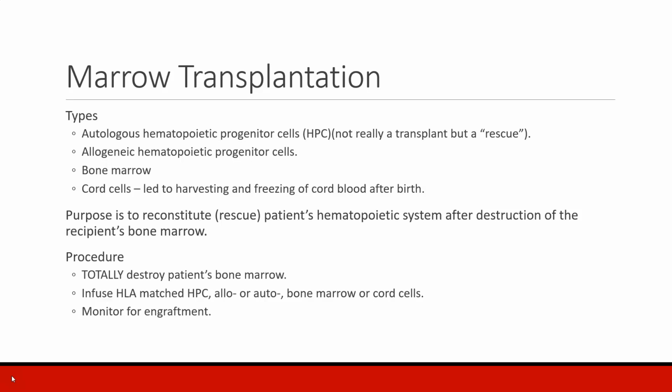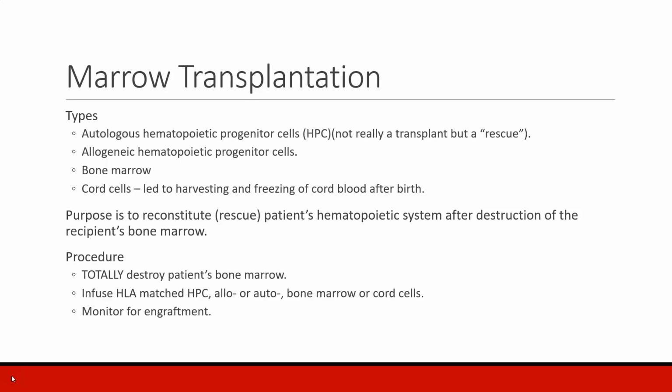Actual bone marrow from a living donor, this is not done as much anymore because the progenitor cells have basically replaced this. But there may be occasion that a donor will have to undergo general anesthesia, and then they take the bone marrow from their bones.